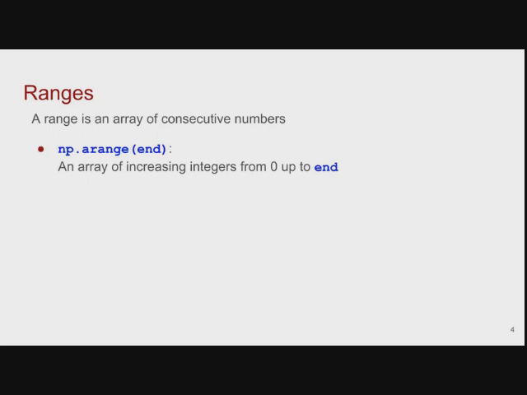Just as an example, if I do np.arange(5), as you can see from the definition here, it's going to start from 0 up to 5, but does not include 5. That's important to keep in mind. So np.arange(5) is going to be 0, 1, 2, 3, 4, but not 5. That's the case when you only do one input.